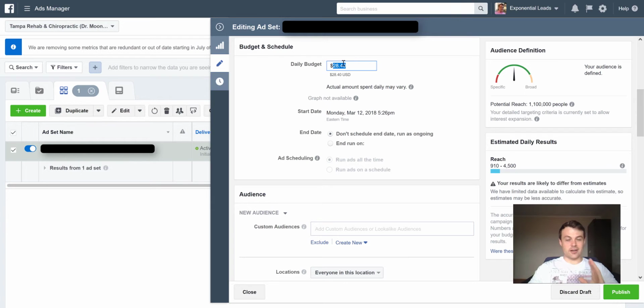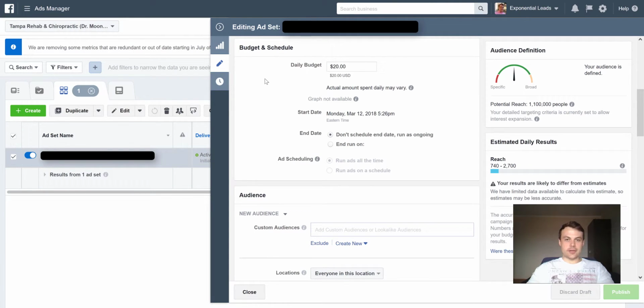I've done 50 and I've done 100 and I've done 150, and it kind of messes up Facebook's algorithm, and the results just start to suffer. Your costs go up, the cost per leads go up, and I don't know what happens, but it definitely messes with Facebook's algorithm. The 20% is way better, and I haven't experienced that many problems with it.